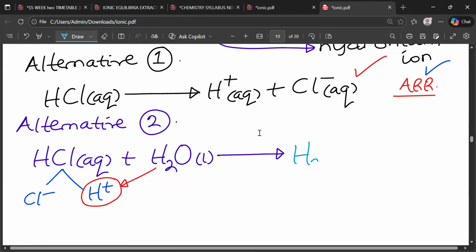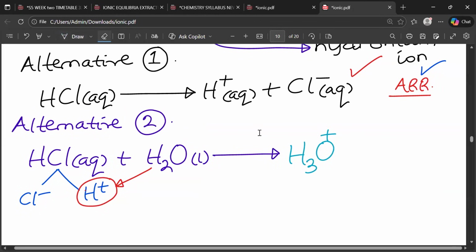the H3O+ (aq), and then this one, Cl-, is not attracted by anyone. As simple as that. So the Cl- is part of the products. But that H+ is taken by water for reasons you know well.